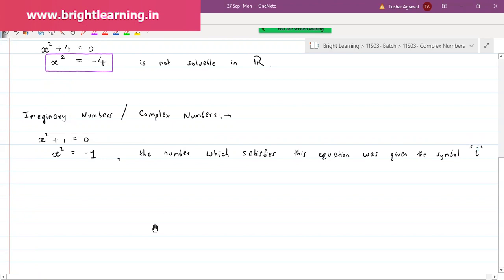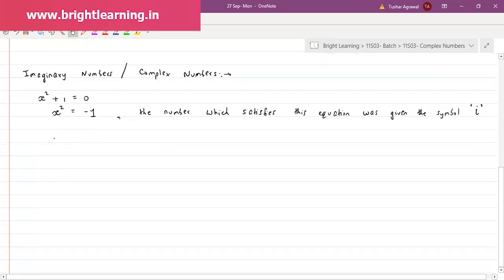And so i was such a number whose i square is equal to -1. This is the definition. Neither you nor I can question why i square is equal to -1, because we are expanding a concept. So i was the square root of -1. These two things are the definition.